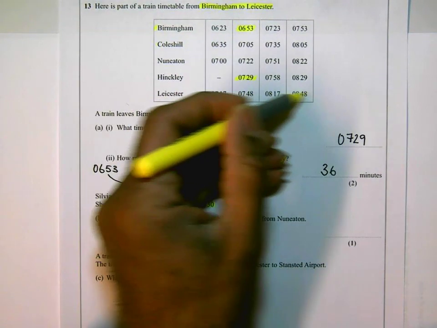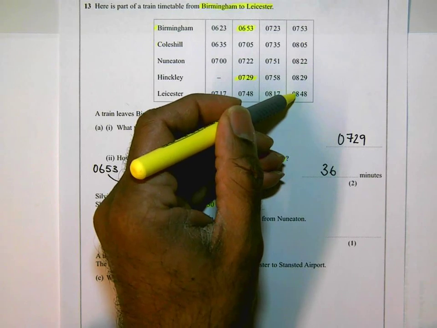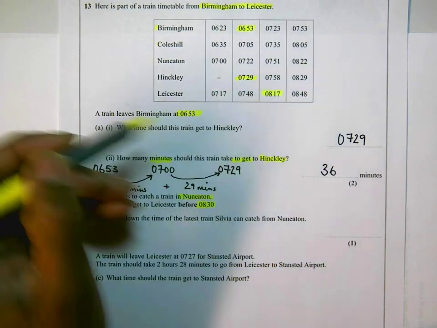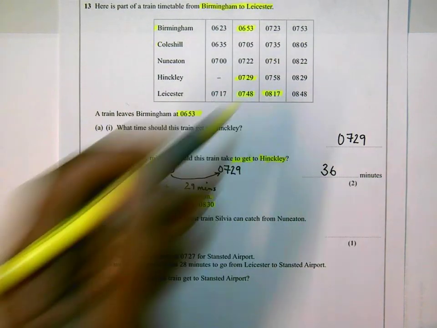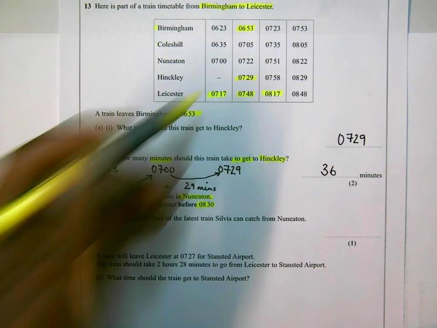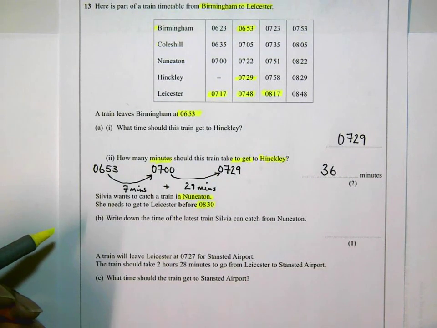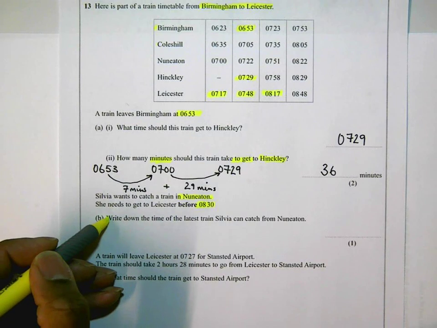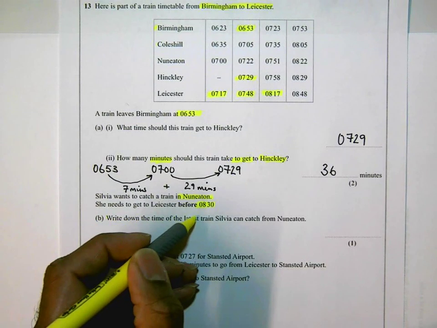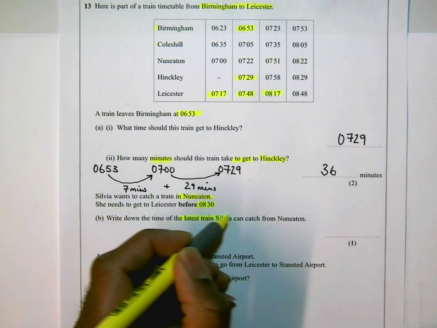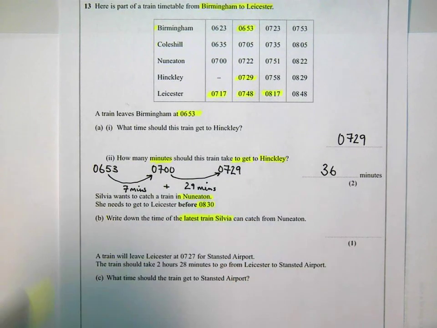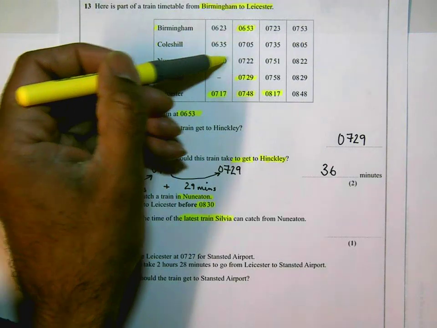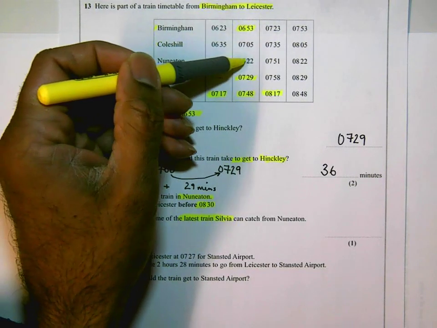Now, that's after 8:30. That there is before 8:30, and so is that. Those are all before 8:30. But the question says, write down the time of the latest train that Sylvia can catch from Nuneaton. So she can catch all of these trains, the 7 o'clock one, the 7:22 one, or the 7:51 train.